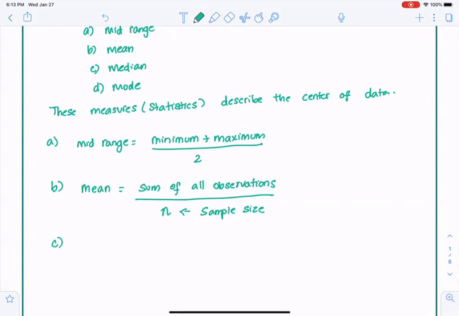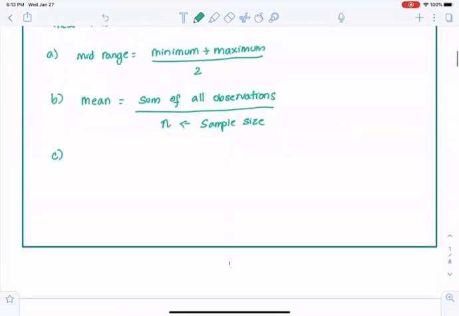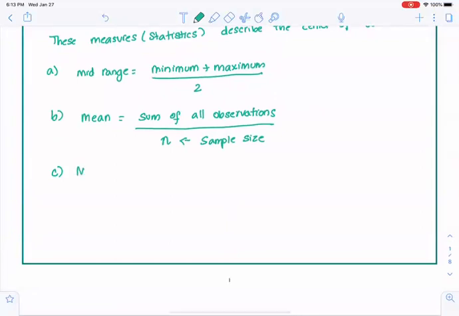Median, on the other hand, is slightly different, in the sense that the median is what we call an ordered statistic. What is an ordered statistic?